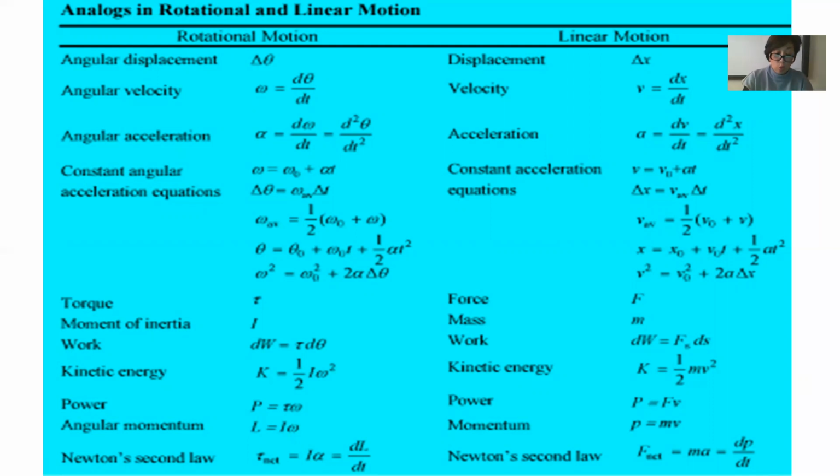Today we studied the moment of inertia and the different moments of inertia for different shapes, and we studied kinetic energy and rotational kinetic energy.